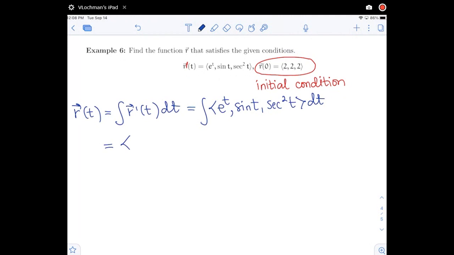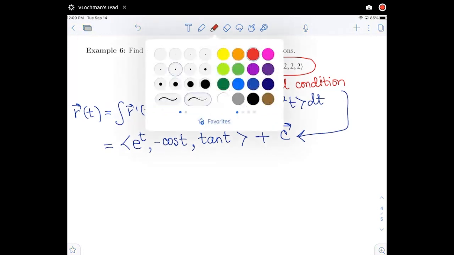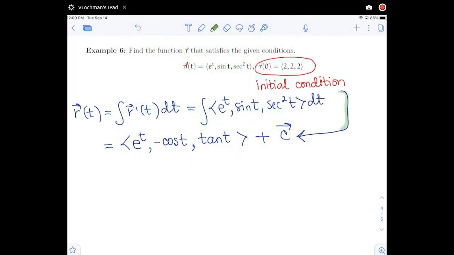The antiderivative is e to the t for the first component, negative cosine t for the second, and then the antiderivative of secant squared is tangent t, plus this unknown vector. And that's what the initial condition is for. It is to compute this vector right here. That's the whole reason why we even have the initial condition.